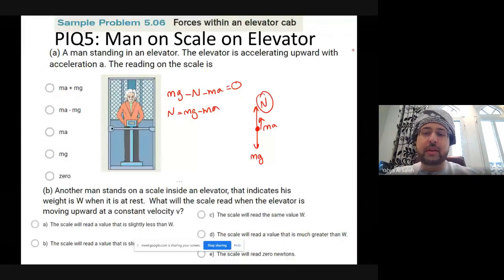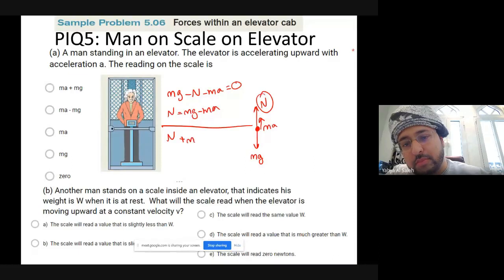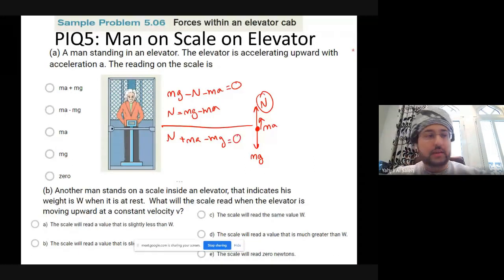So the reading on the scale will be, interesting, none of them here. Let me try the other way around. Take up to be positive. So I'll do n plus ma minus mg equals 0.